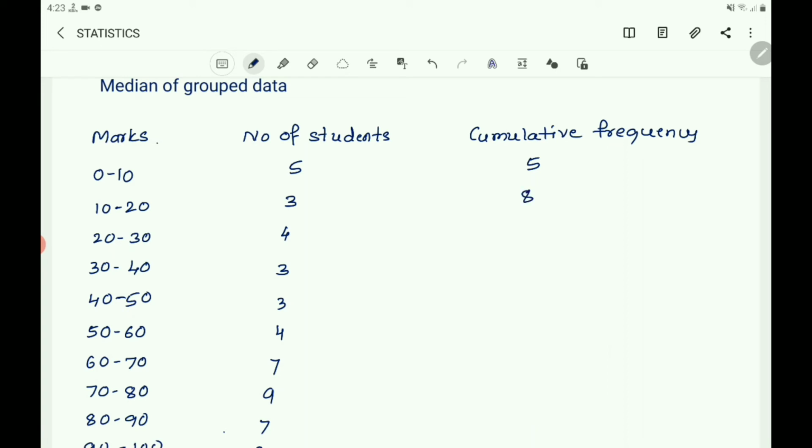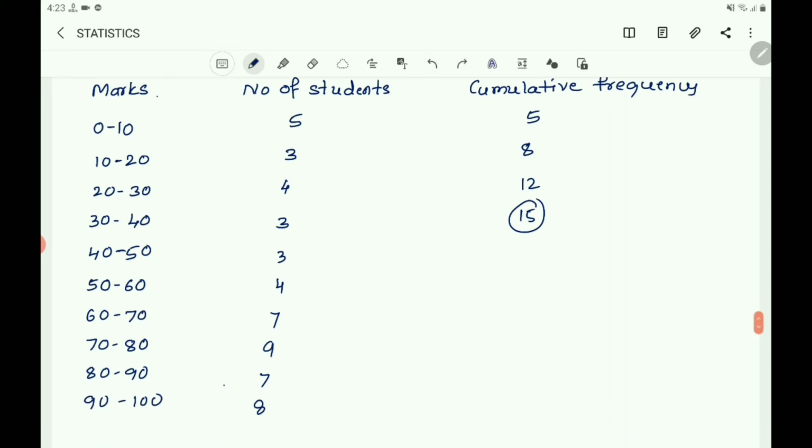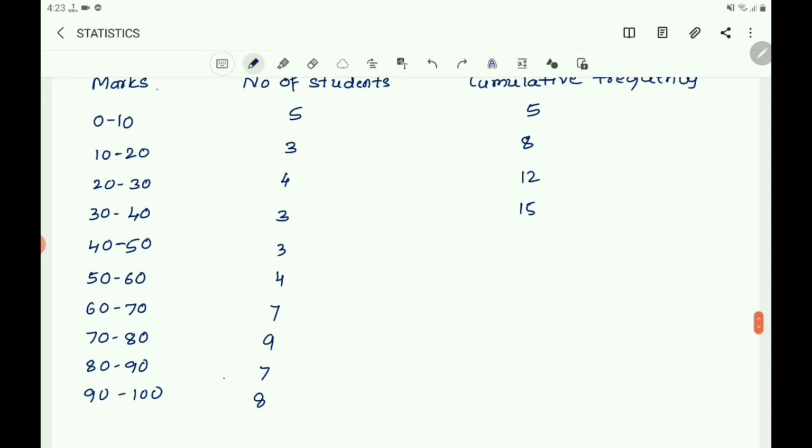Next cumulative frequency is 8 plus 4, 12. Next cumulative frequency is 12 plus 3, 15. Next cumulative frequency is 15 plus 3, 18.